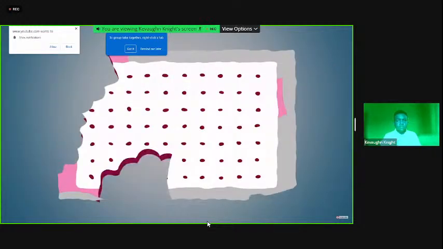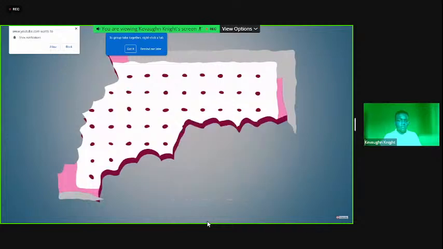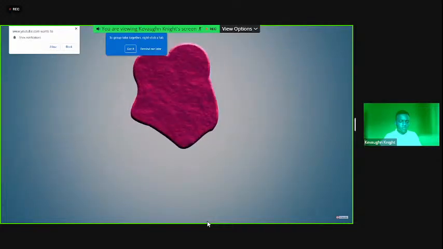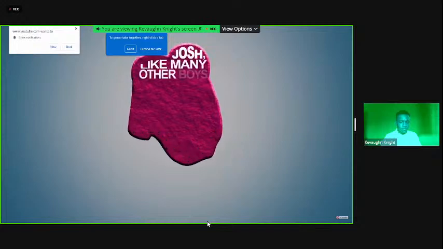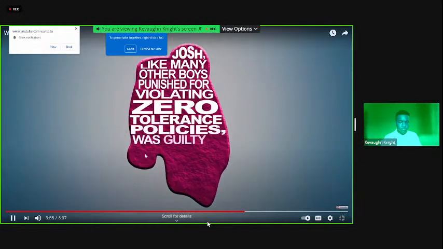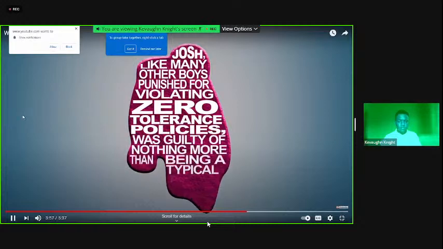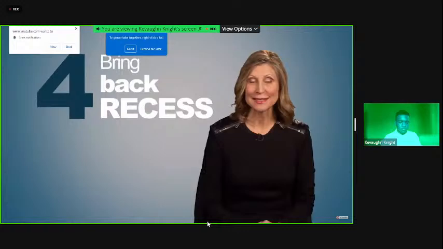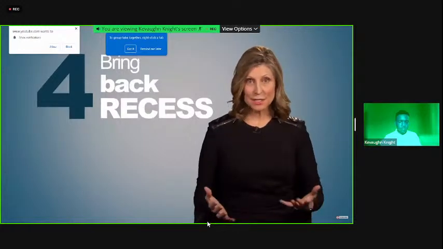Josh Welsh, age 7, was recently sent home from his Maryland school for nibbling off the corners of a strawberry Pop-Tart into the shape of a gun. Josh, like many other boys punished for violating zero tolerance policies, was guilty of nothing more than being a typical 7-year-old boy.